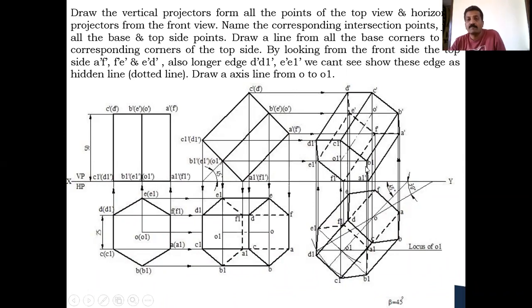Now, after getting all the points, you are looking from the front side of it. You are looking at the complete base. You can see the complete base, which is A1, B1, C1, D1, and E1, F1. You make this base as the visible edge. Now, coming to the face, you are looking from here.